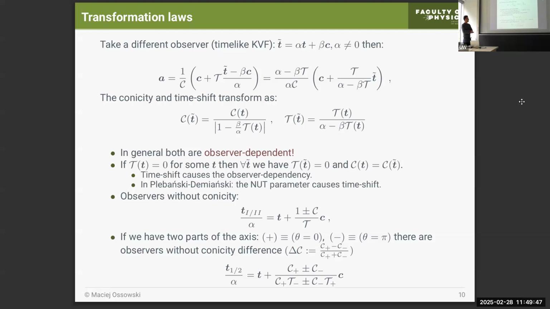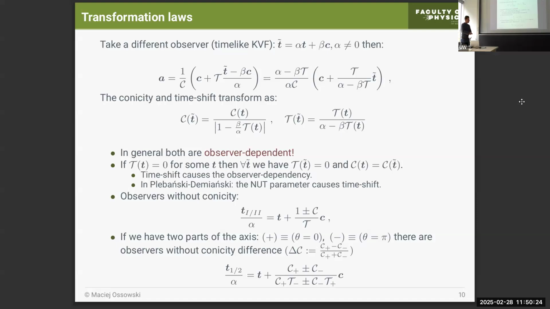And so the other consequence is that if we have at least two parts of the axis, so if our axis points all fall into two categories, which usually corresponds to parts of the axis which are covered by theta equal to 0 or theta equal to pi in some spherical coordinates, then you can calculate this conicity difference, and there's always an observer who doesn't measure the difference of conicities.